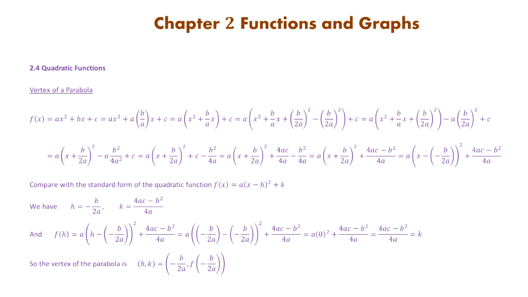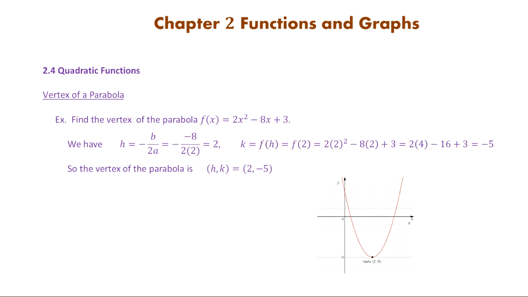So let's just use this formula to find the vertex of a parabola, so we don't have to go through all the steps to complete the square to find the vertex of a parabola, as we did before. So in this example, let's find the vertex of the parabola f of x equal to 2x squared minus 8x plus 3.